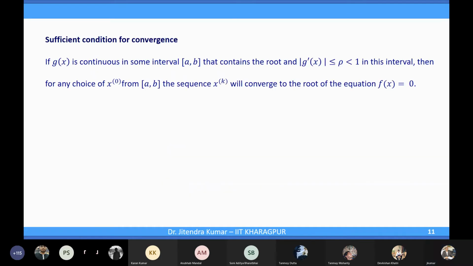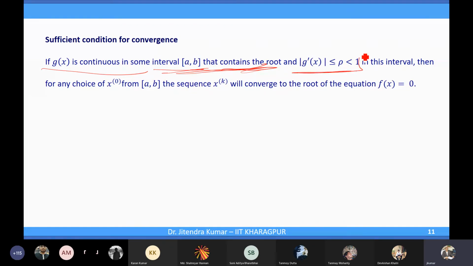Fine. So the sufficient condition. What is the sufficient condition? From here you will get the idea that g should be continuous, that is the first point, of course, in an interval that contains the root.